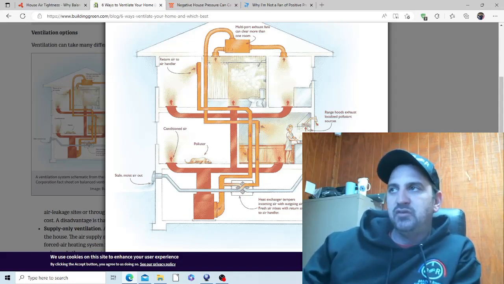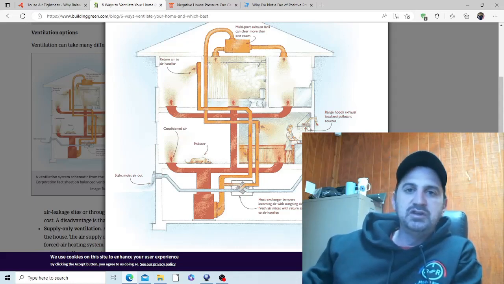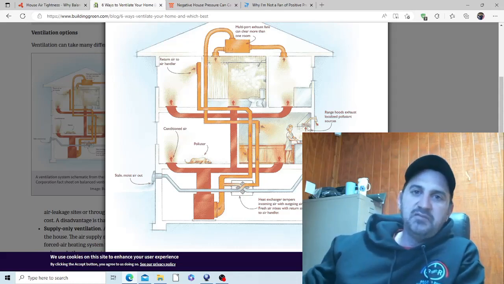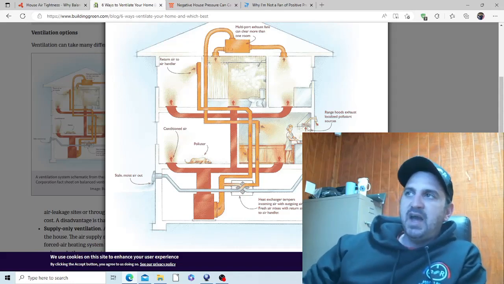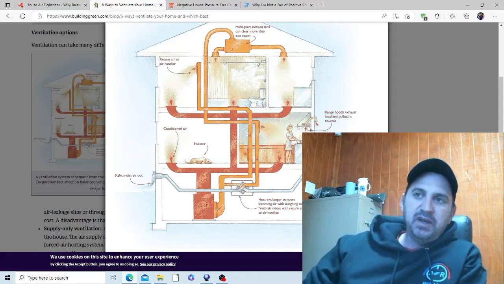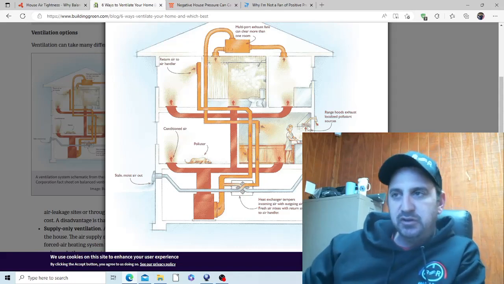You can basically wire a sensor into your kitchen hood to where when you turn your kitchen hood on, it says, hey, I need fresh air, and it brings fresh air in. I haven't ever seen it done with bathroom fans, just because of the way they operate. It would be harder to do.